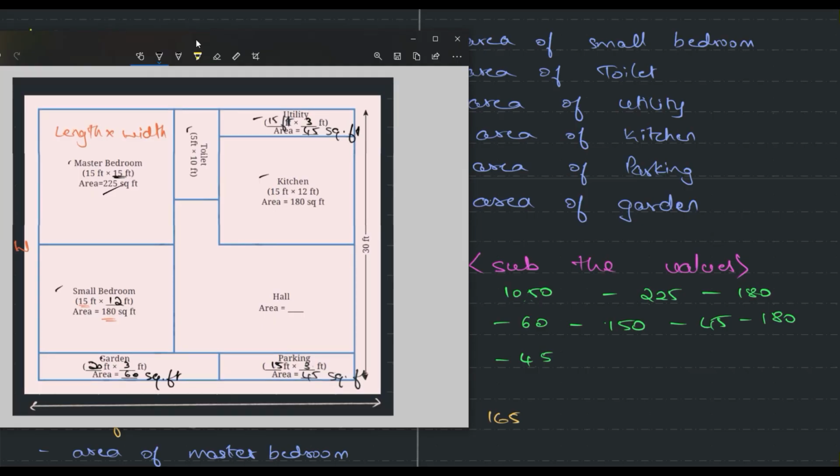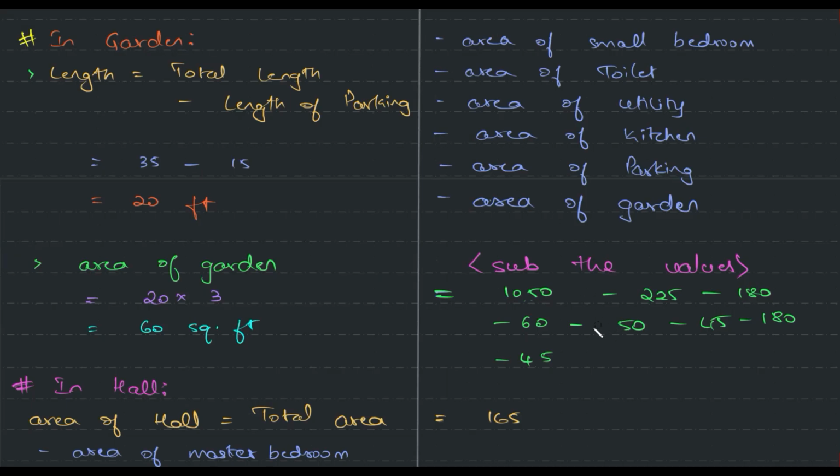So we have 225, 180, 60, then 150. Oh, this is where I went wrong. This is not 150, this is 50. Same mistake. So I need to add 50 to this. So we have 215.